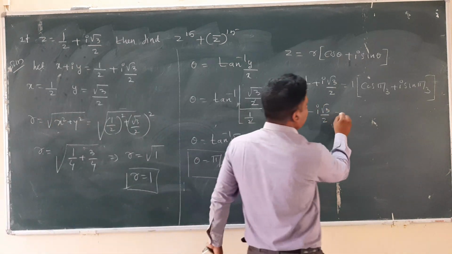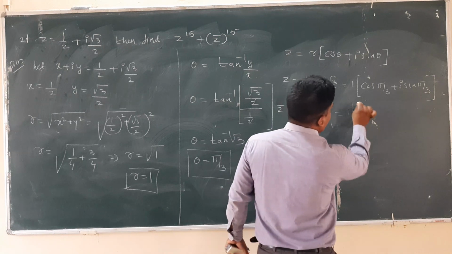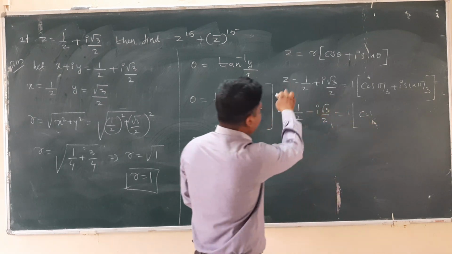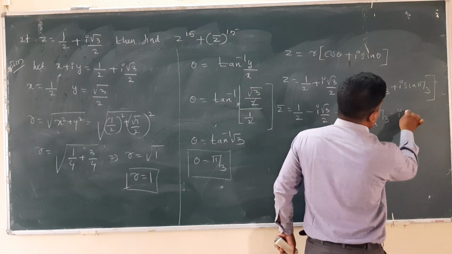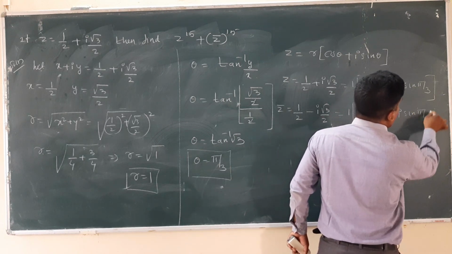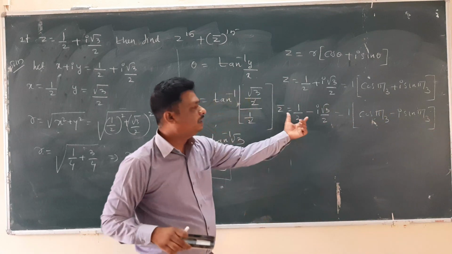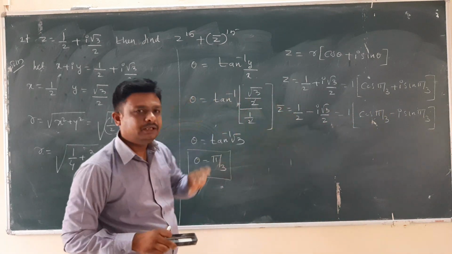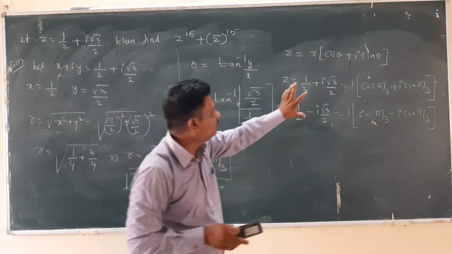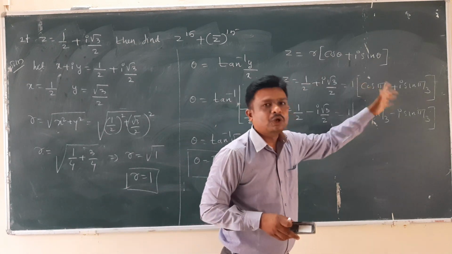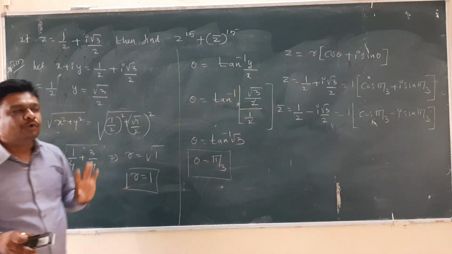Here also I will write the conjugate of z as cos pi by 3 minus i sin pi by 3. No need to calculate the second term, so directly you can write. So this is the value of z and z bar. Here I have converted the given complex number to polar form.